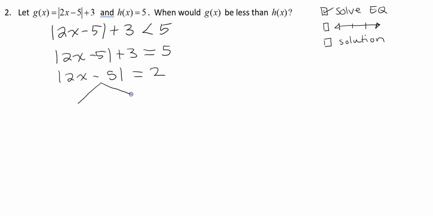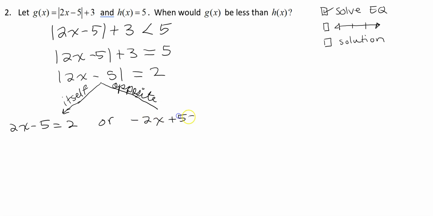With absolute value, the definition says it is going to be equal to itself or its opposite. And that will yield 2x minus 5 is equal to 2, or its opposite, negative 2x plus 5 is equal to 2.